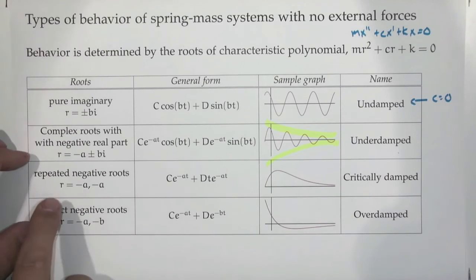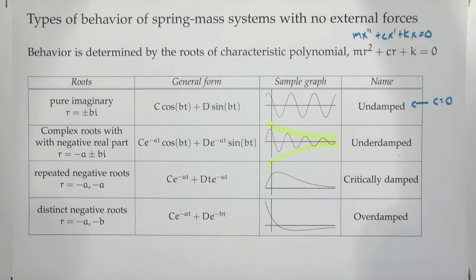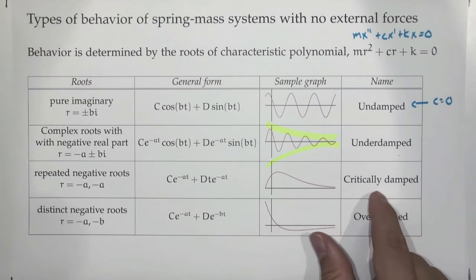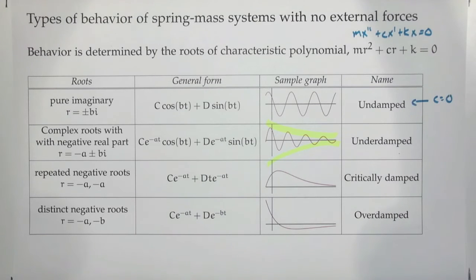And then there's this one we skipped over, which we call critically damped. It's kind of the fine line. It's just enough damping that you don't experience any oscillation, but not too much. And you might say, well, what do you mean by too much? In some sense, it's a little bit hard to see this without working through a bunch of examples.